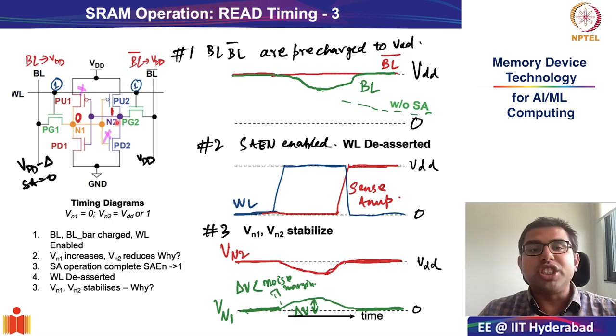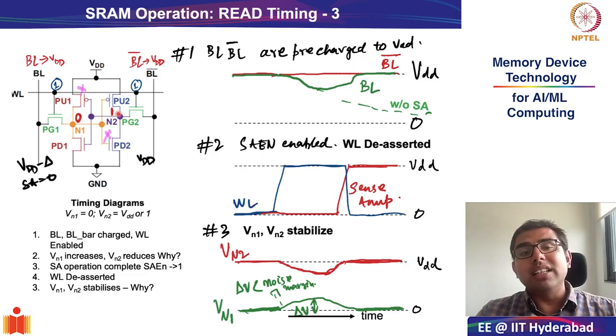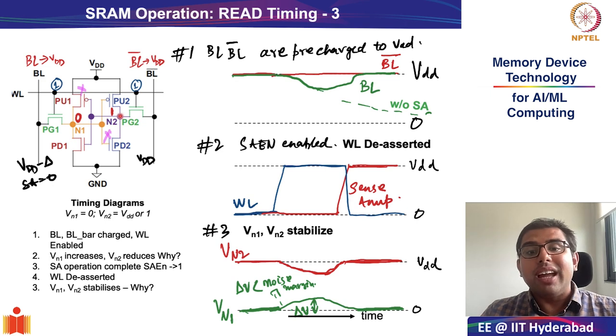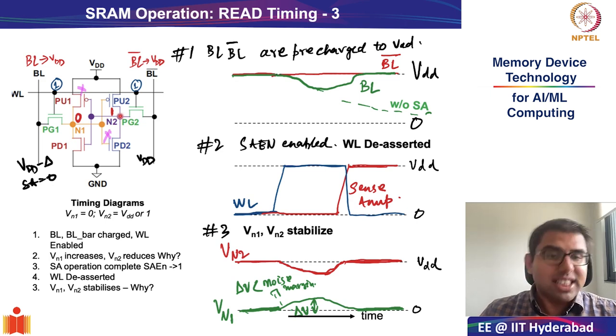What will happen essentially is, when N2 becomes slightly smaller than 1 volt, 1 minus delta V, there is a significant chance that the PG2 transistor may turn on, because this delta V forms the difference between the gate voltage and the source voltage, the VGS, for the PG2 transistor.